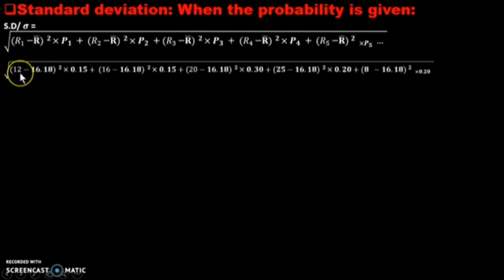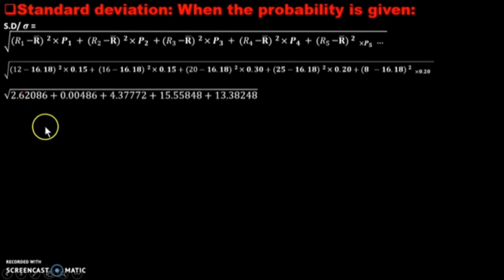We put in the values: R1 12% minus R bar 16.18% whole square into P1, that means probability 0.15, plus R2 16% minus R bar 16.18% whole square into probability 2, 0.15, plus R3 20% minus R bar 16.18 whole square into probability 0.30, plus R4 25% minus R bar 16.18 whole square into probability 0.20, plus R5 8% minus R bar 16.18 whole square into probability 0.20.